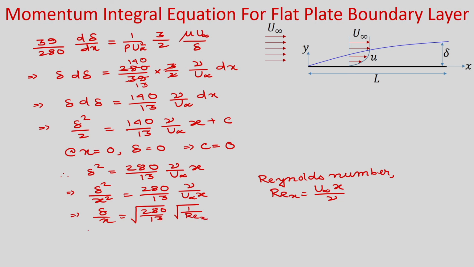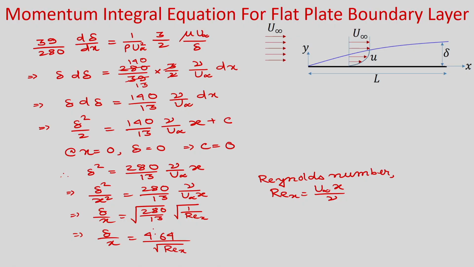If you evaluate it, you will get delta by x equal to 4.64 by root Re_x. So, you can see that we already know the delta by x from the exact solution. In last class we have derived.